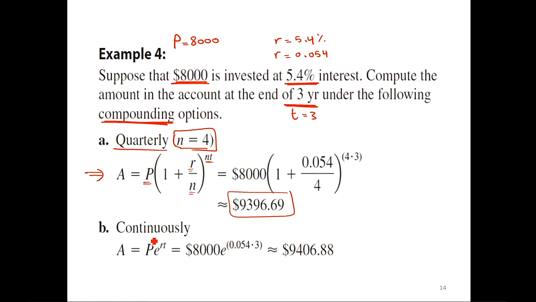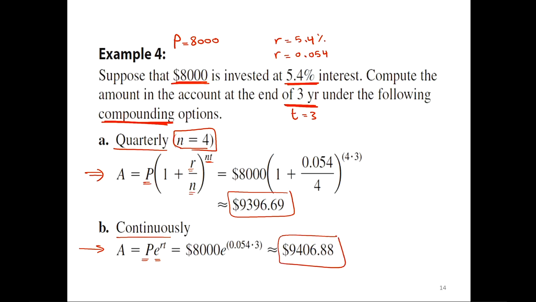But if we have continuous compounding, without n, we can find the amount in your account by using this formula: B equals 8,000, times e, this number, to the power R multiplied by T equals 3. So we can find the continuously compounded interest.